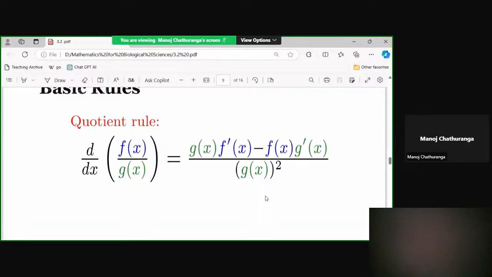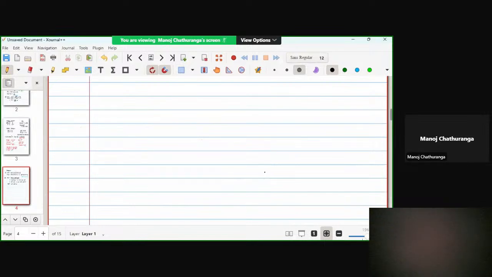Like the product rule, the derivative of a quotient is not the quotient of individual derivatives. It has another, slightly more complicated form. So if you want to differentiate something like f of x divided by g of x, this is how you should do it.